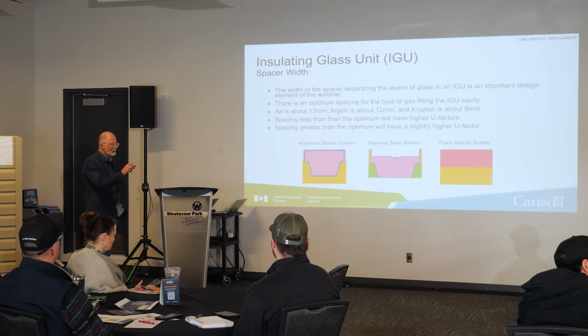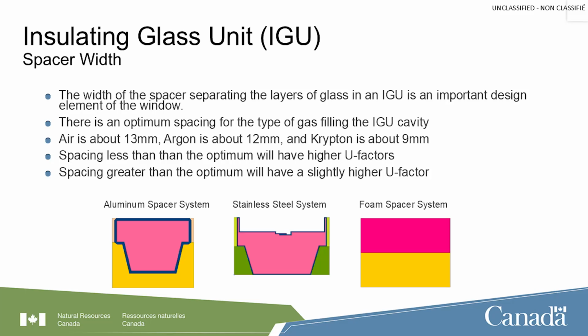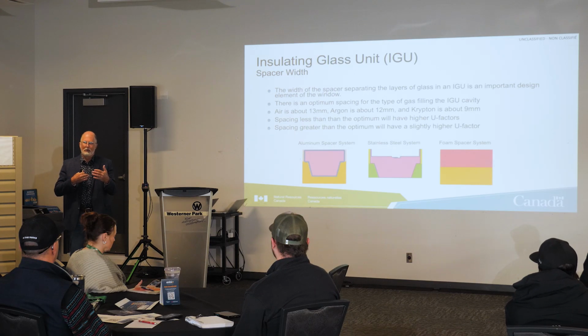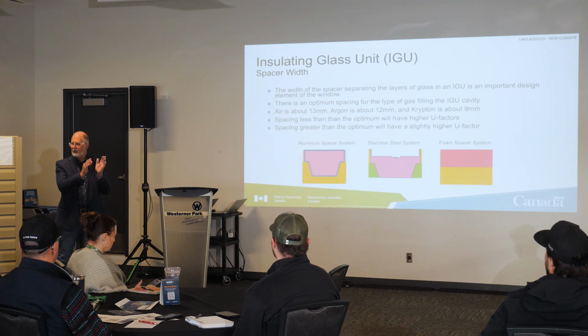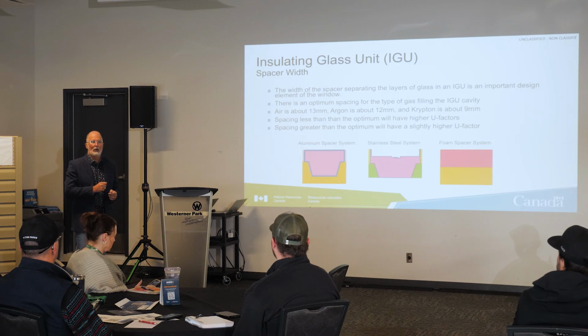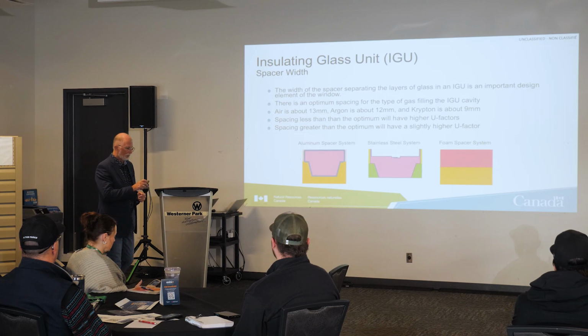So there's optimum spacing. So when they're doing modeling on windows, they're looking at the spacing, the type of glass, they're getting the sweet spot. Because if you space it this much and you put this spacer in and you put this coating on and then you put this gas fill in, you can achieve that 0.82 for a triple glazed window.